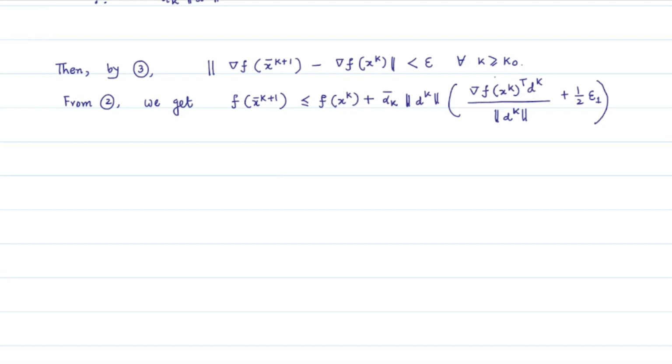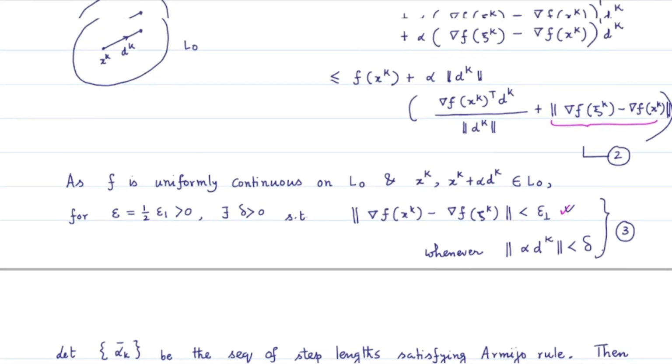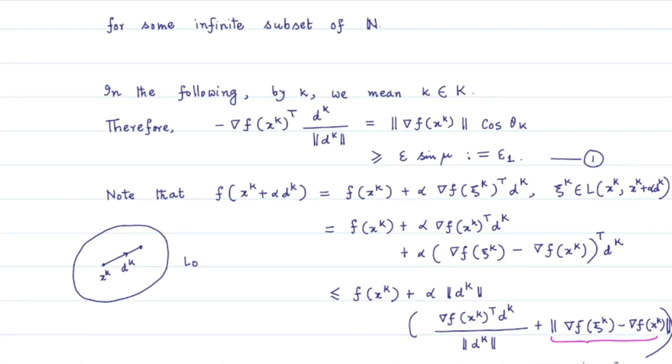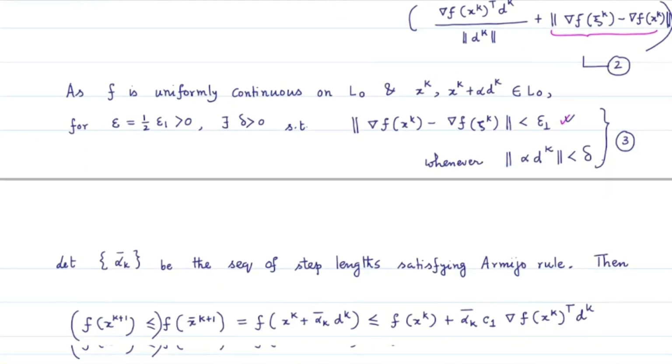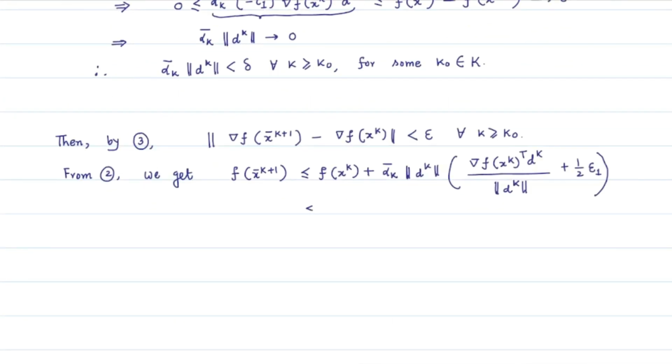Now this numerator, grad f(x_k) transpose d_k, we have shown in 1 is greater than or equal to epsilon 1 times norm d_k. So this right hand side is less than or equal to f(x_k) minus half of this, which is less than delta times epsilon 1. And this happens for every k greater than or equal to k naught, because this quantity is less than delta only when k is greater than or equal to k naught.